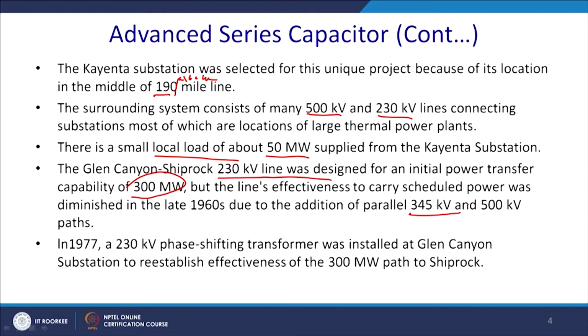In 1977, a 230 kV phase shifting transformer was installed at the Glen Canyon substation and re-established the effectiveness of the 300 megawatt path line.